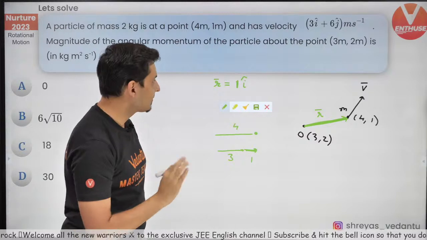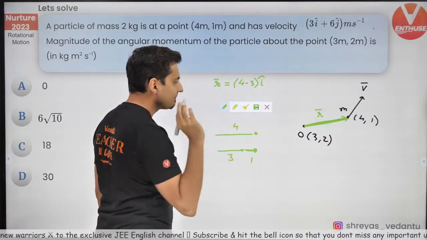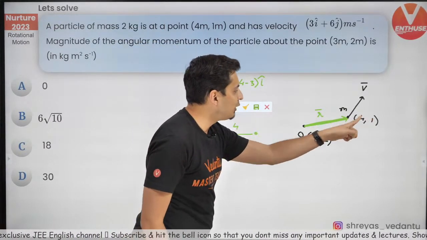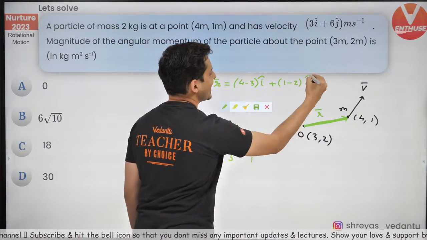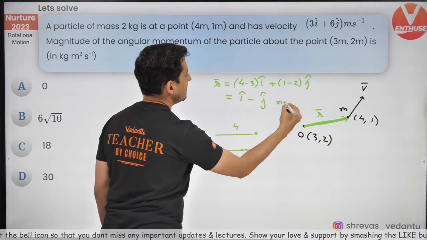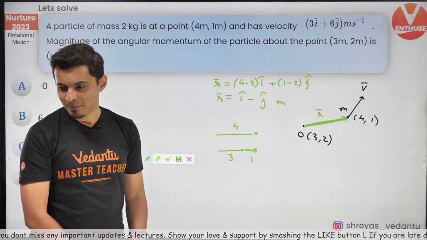As simple as that. If you did not understand it, let me put it over here. 4 minus 3 i cap. I hope that makes sense. Same way, the y component will be 1 minus 2. So plus 1 minus 2 j cap. So what will you get? i cap minus j cap meters. So that's r vector. That's the first thing.